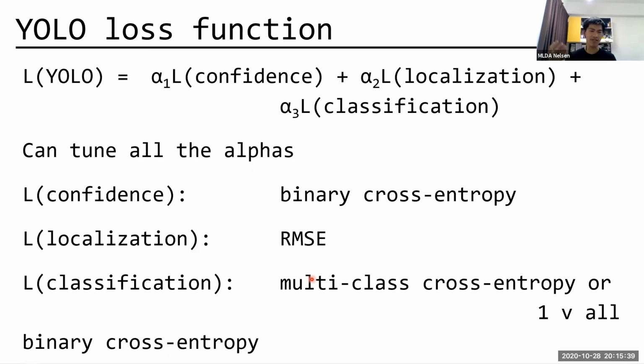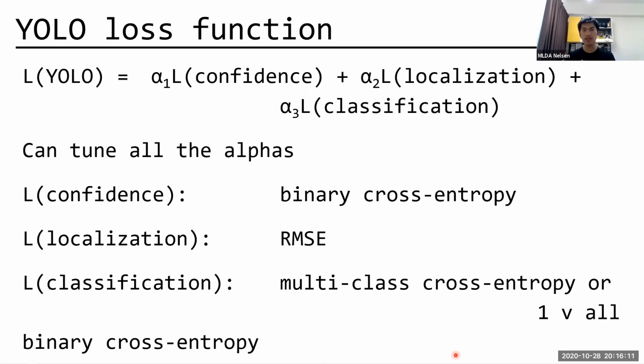We just need to know that to optimize certain parameters of the loss, the one that we want to increase the performance of in the neural network or the YOLO model, we can just put higher weights on that specific problem, so that the model will try to reduce the loss. Especially, let's say if we have higher weights on confidence, then the model will try to fix the confidence problem.